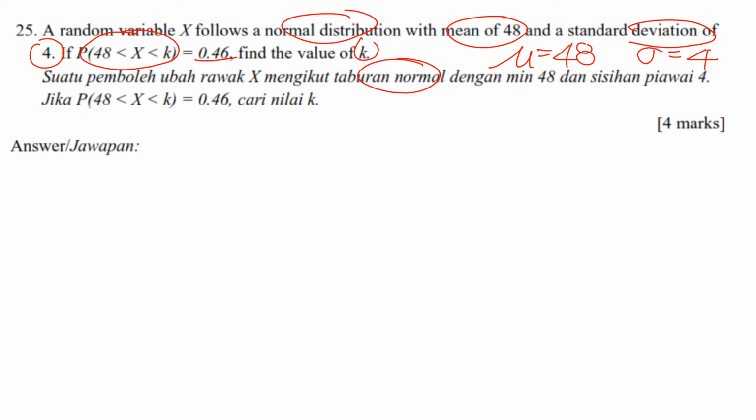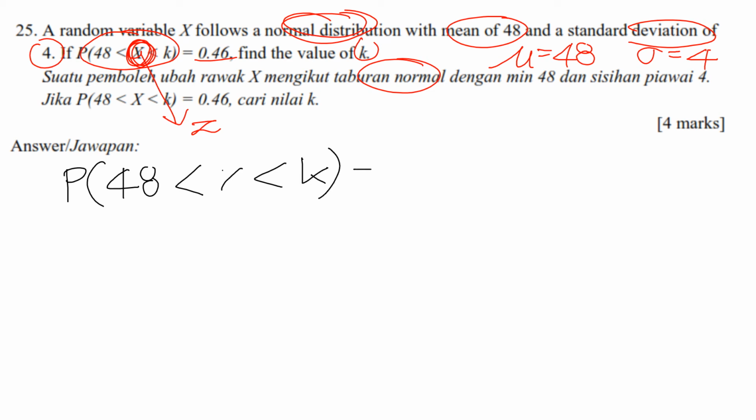So first of all, when we are talking about normal distribution, langkah pertama is to change this probability of x into z. So I'm going to start my work right now. P(48 < X < k) equals 0.46. Langkah pertama, as I told you, tukar.